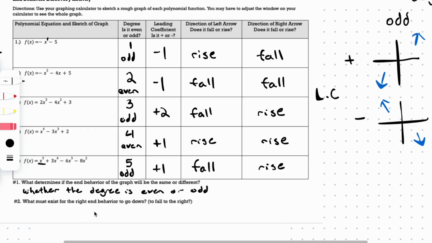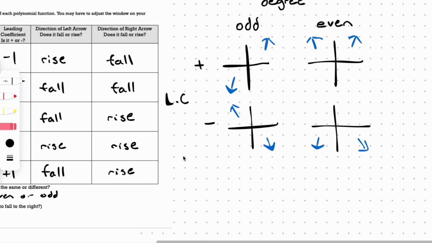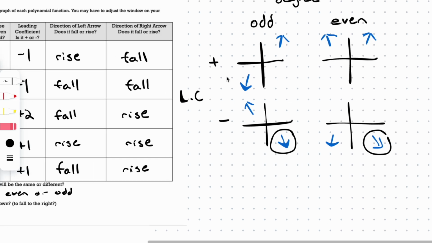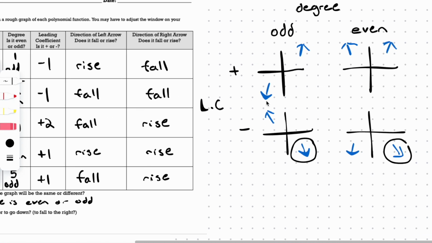Now, what must exist for the right end behavior to go down, to fall to the right? So let's look at the cases where our right arrow falls. Well, we have it in these two scenarios. That is, when we have an odd degree with a negative leading coefficient, this scenario.